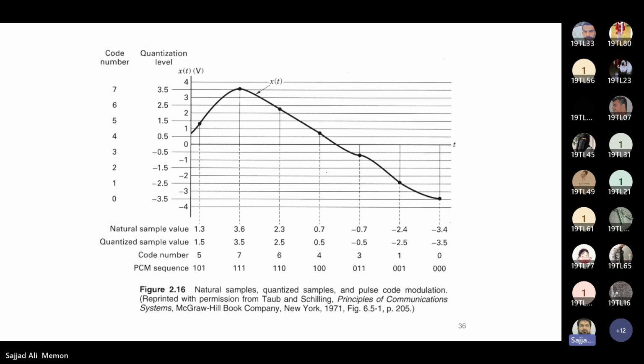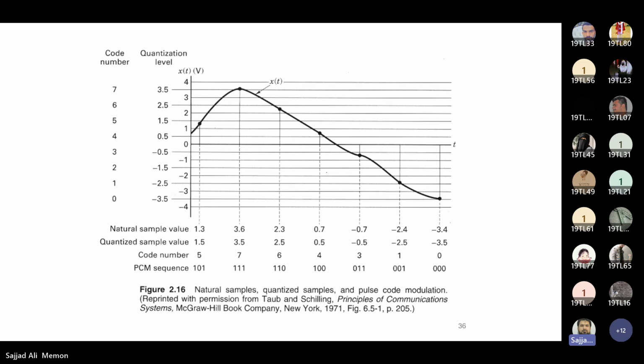Higher quantization levels, but less quantization error. So you need to make a trade-off or choose an optimization level that does both. It should not have a high quantization error, and it should not have a high number of quantization levels. Is it clear?